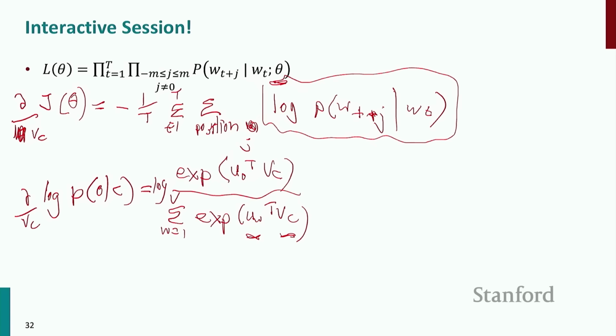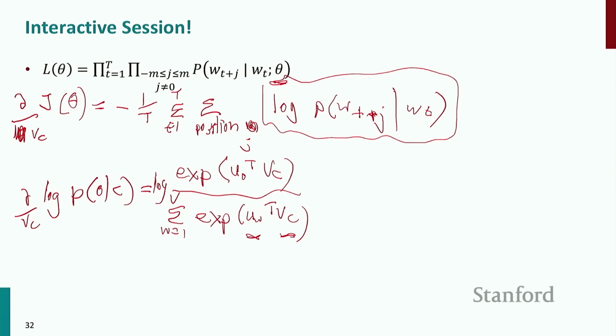And so at this point, I have a log of two things being divided. And so that means I can separate that out as the log of the numerator minus the log of the denominator.